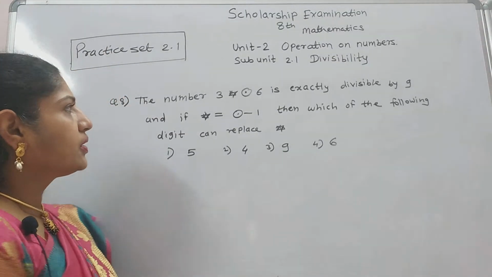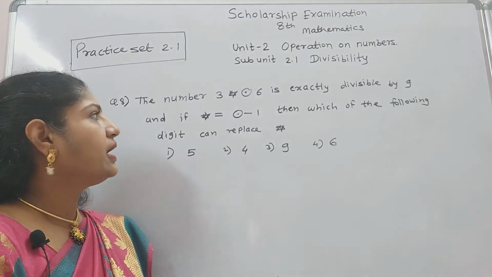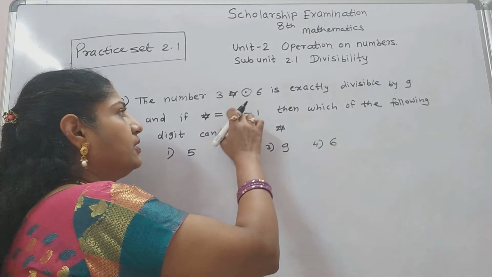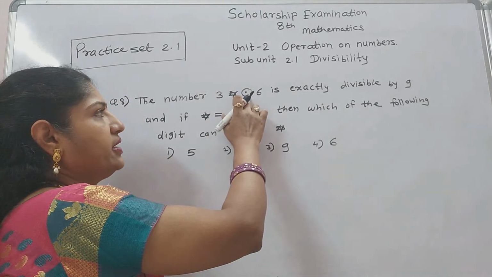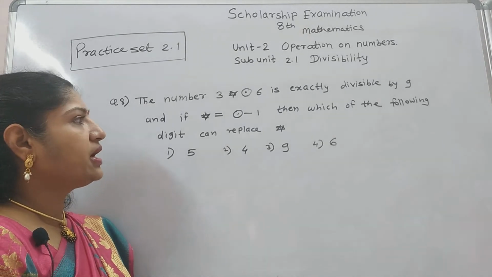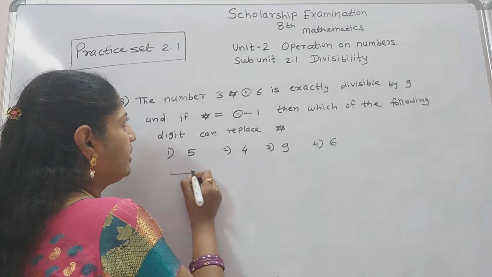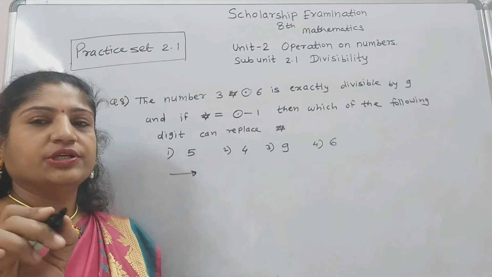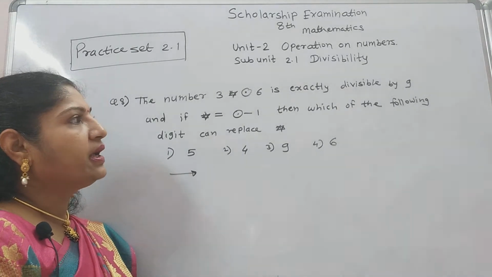The number 3 star dot 6 is exactly divisible by 9 and star is less than dot by 1, that is star equals dot minus 1. Which of the following digits can replace the star? Now what is the divisibility test for 9? When the sum of all the digits is divisible by 9, then the number is divisible by 9.